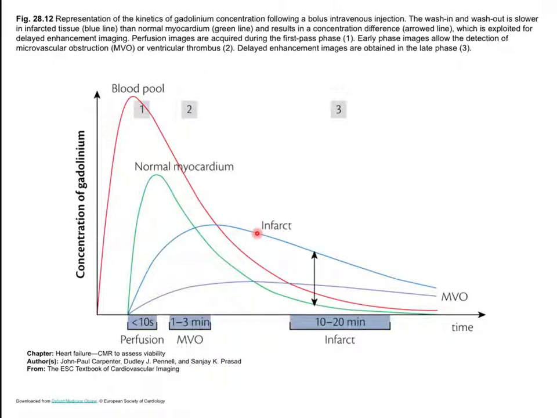And as we saw last week, both in the lecture and in the presentation of the paper, infarcts have this wonderful ability to retain contrast. And so they become very bright out here. Right? Once everything's gone back to normal, an infarct or damaged tissue will remain very bright.